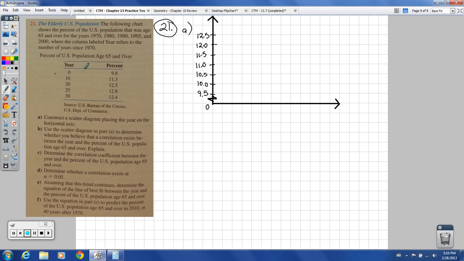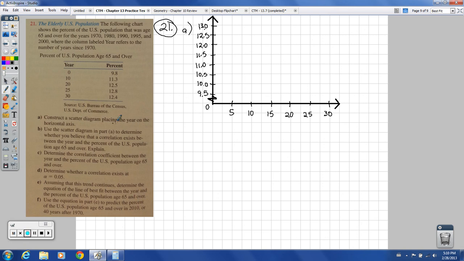There we go. So this will be 13 right there, 13.0. Not 130, 13.0. And then this way we're going up increments of 5. I'm going to skip 2 and call that 5. So 5, 10, 15, 20 years after 1970, 25 years, and finally 30 years right there.